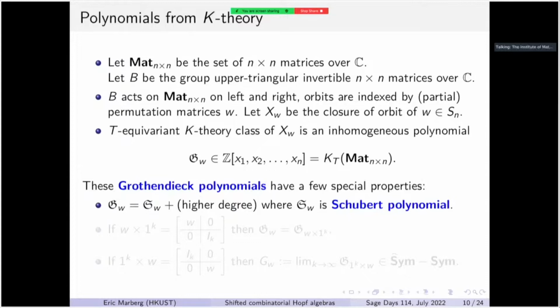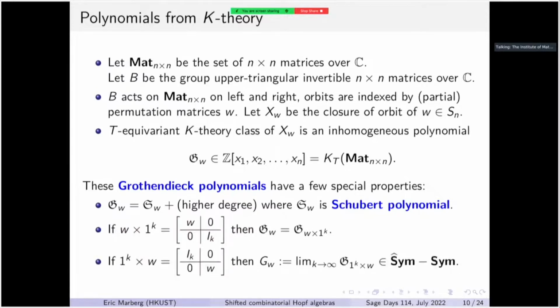Okay, so these guys, in this indecipherable letter which is actually a G, are called Grothendieck polynomials. They have a couple of special properties. One, if you know Schubert polynomials, they look like the Schubert polynomial plus higher degree terms. And then they have two stability properties.